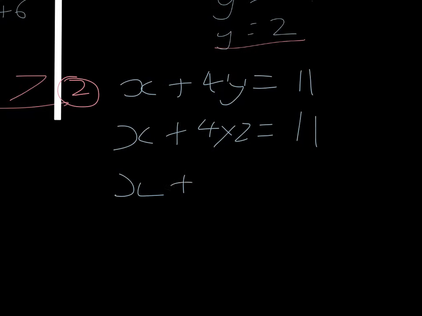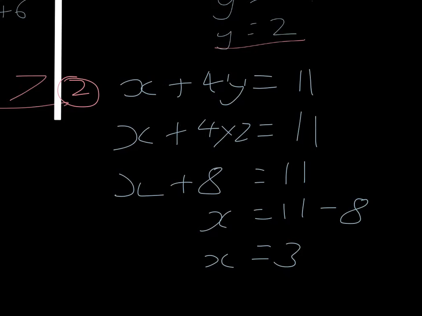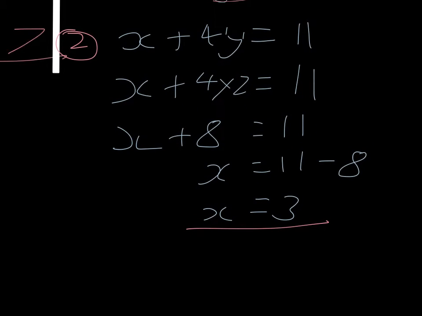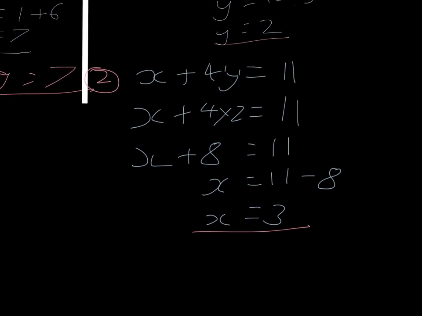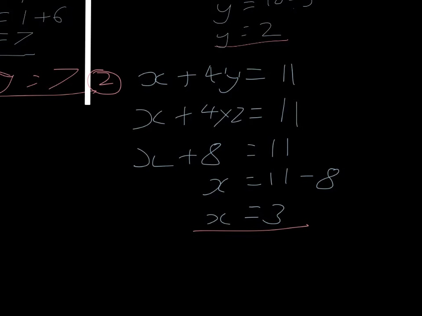X plus 8 equals 11. X is equal to 11 take away 8. X equals 3. That's an answer, so I underline it. And if I'm being really clear, I write out y is equal to 2, x equals 3.